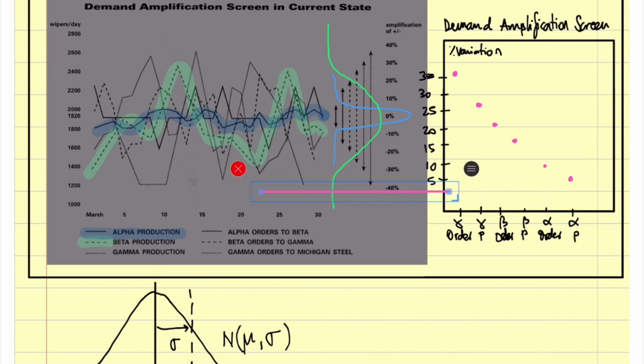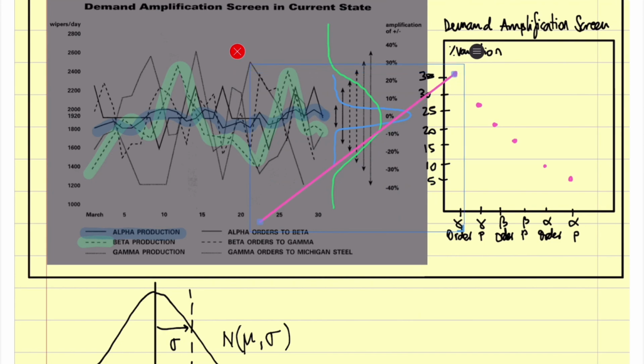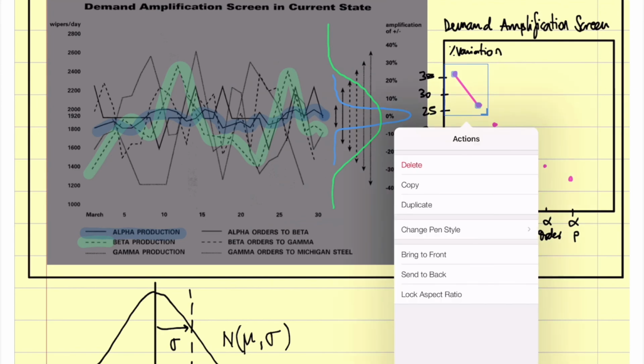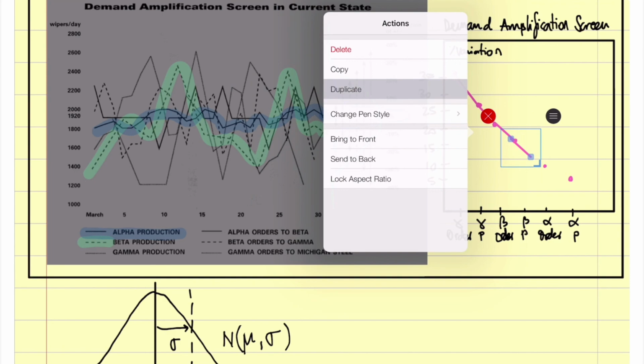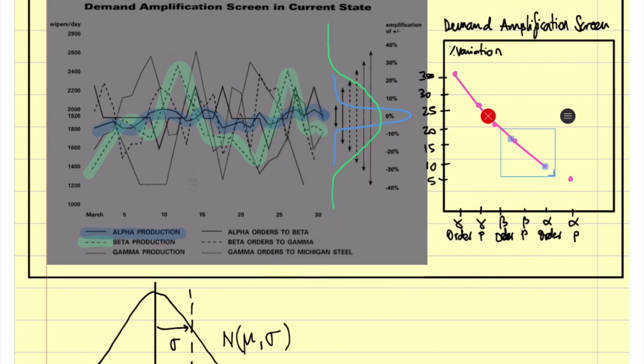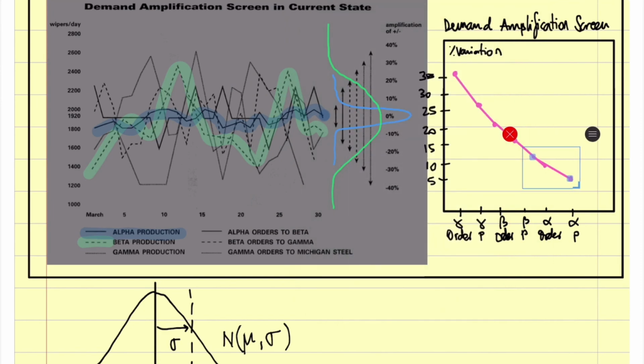What is it that we're having here? What do you see?